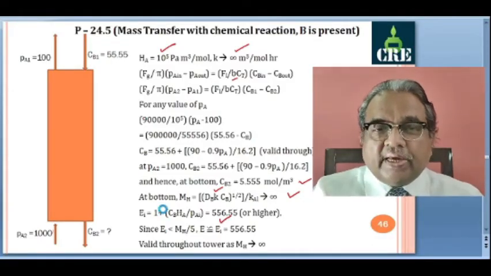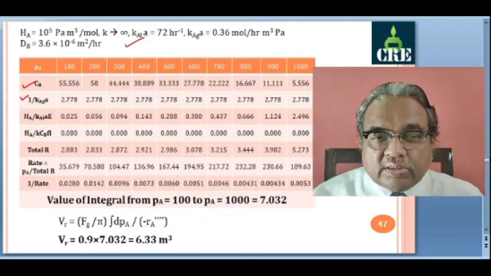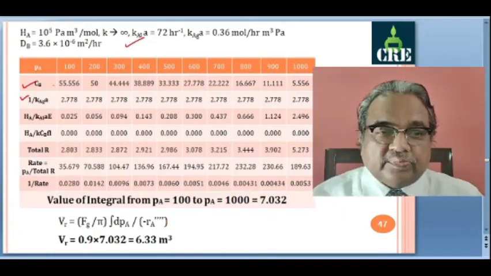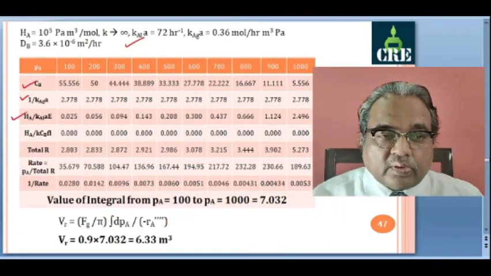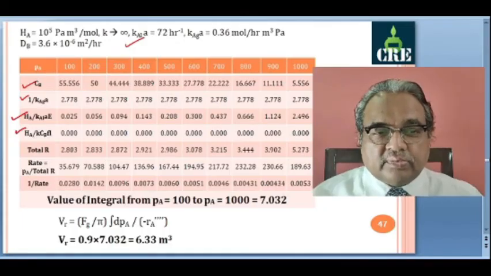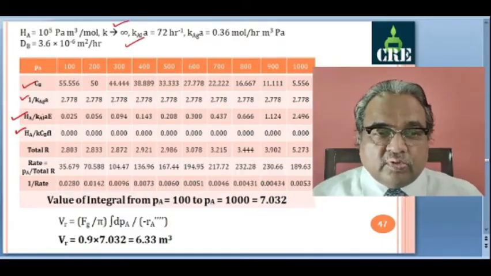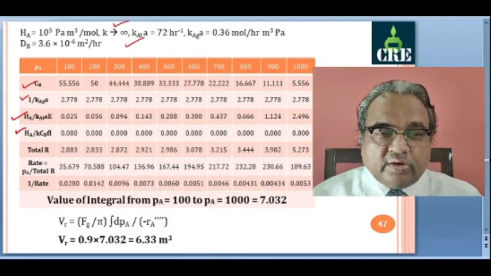If PA is equal to PAI, then these values. So as E is changing, all these values are changing. Here HA and KLA is constant, whereas enhancement factor is changing because this PA is changing. Then HA by K into CB into FL. As K is tending to infinity, these values are 0. So this resistance you need not bother about.